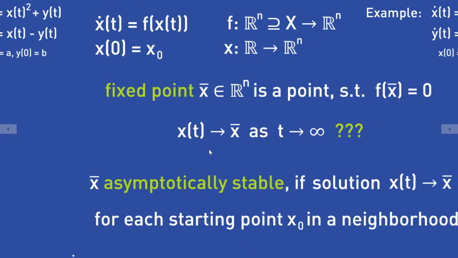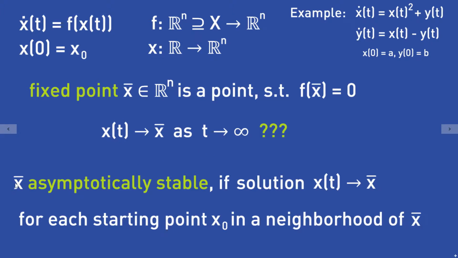Or in other words, a fixed point x bar is called asymptotically stable if the solution x(t) converges to the fixed point x bar for each starting point x0, so this here is the starting point, in a neighborhood of the fixed point x bar. The idea is now to find a condition that tells us when a fixed point x bar is asymptotically stable.